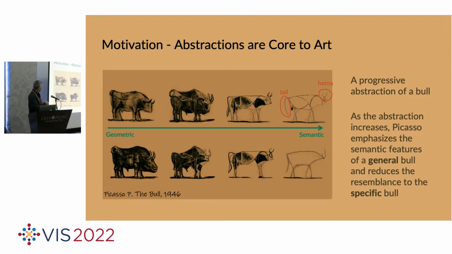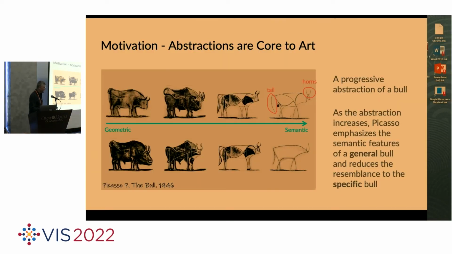So this axis that we define is, on the one side, things are a bit more geometric in a sense that they're more related. Okay, they're more close to reality, to this specific bull.